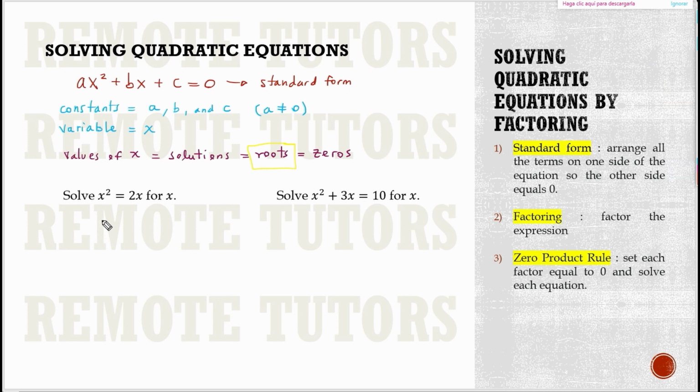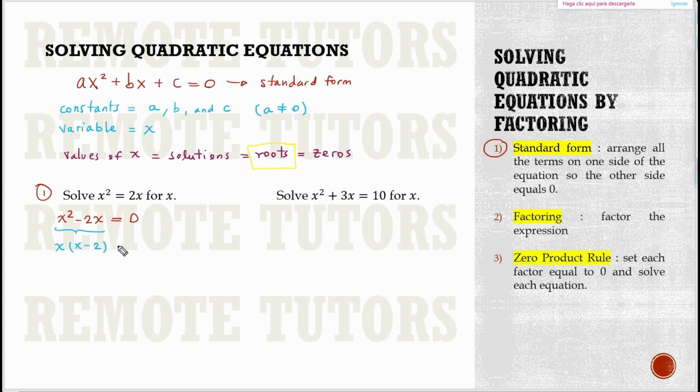Now, how do we solve quadratic equations by factoring? You have to follow 3 steps. The first one is to arrange all terms on one side of the equation so the other side equals 0. In other words, write it in standard form. For example number 1, we will subtract 2x from x squared. The next step is factoring. The factored form of this is given by x times x minus 2.